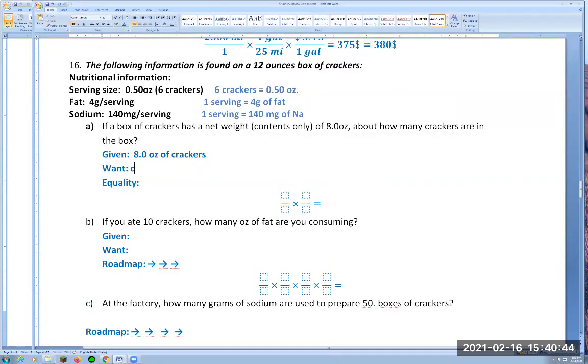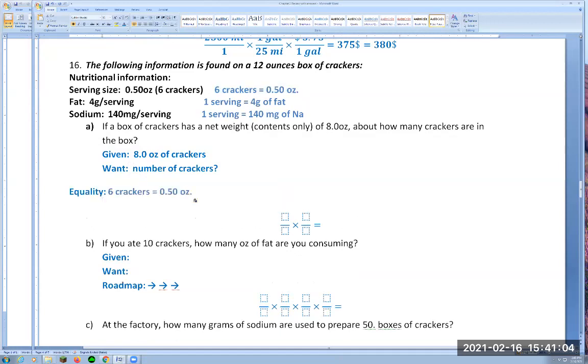So number of crackers. The equality we can use, because we have number of crackers versus ounces of crackers, looks like the first equality here that says 6 crackers equals 0.50 ounces.